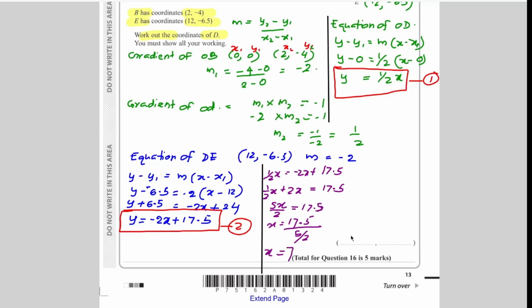So x equals 7. Now we got what x is. Now we need to get what y is. So how to get y? To get y, we are having this equation y equals half x. So half times 7, which gives out 3.5. Then y equals 3.5. So these are the two coordinates.